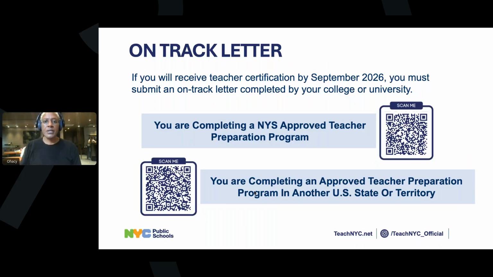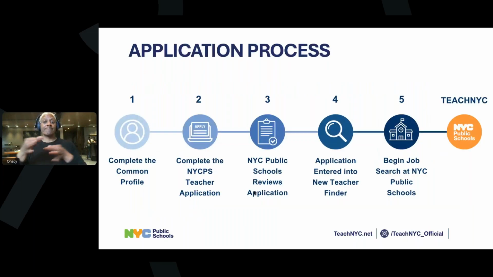Okay, let's talk about the application process. Bringing up the overview again. After completing the common profile and the New York City Public School teacher application, all applicants will then receive a confirmation email from the Office of Teacher Recruitment and Quality confirming the receipt of your application.